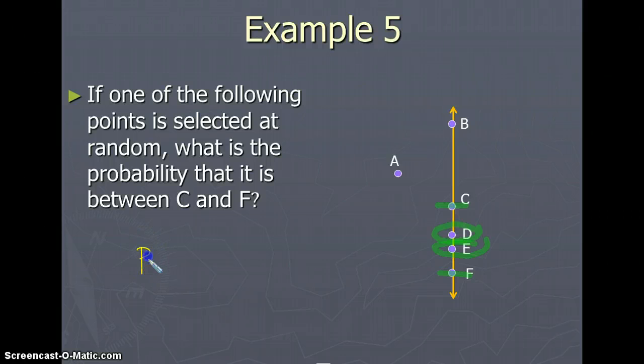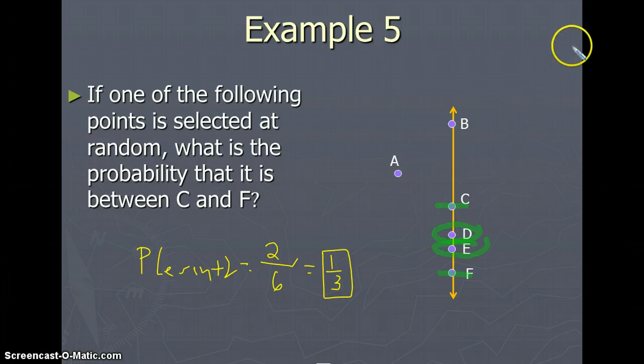So the probability of my event, we'll just call it event because you can see what that is, there's 2, and there's 6 total points. I'm going to reduce that 2 out of 6. I get 1/3. So 1 out of every 3 times we play, in the long run, we will have a favorable outcome.